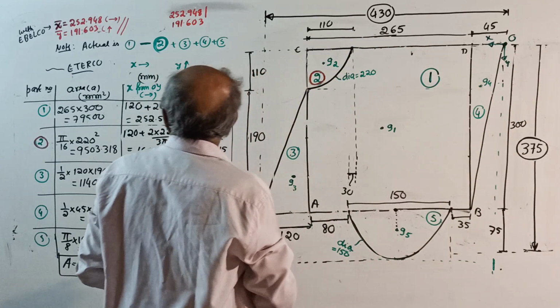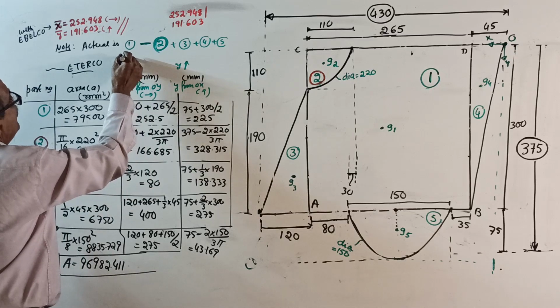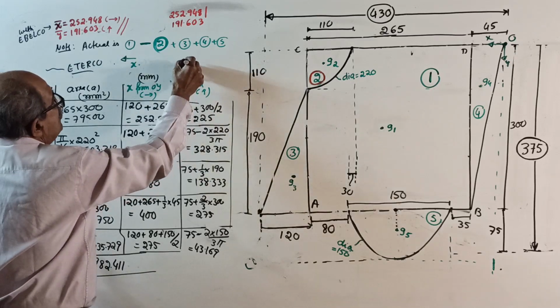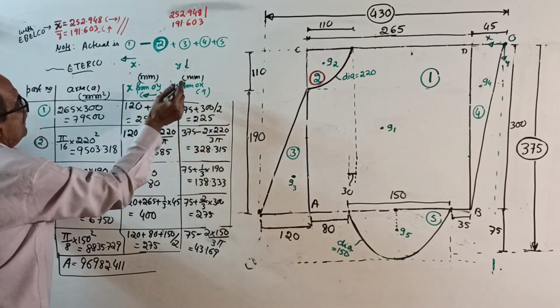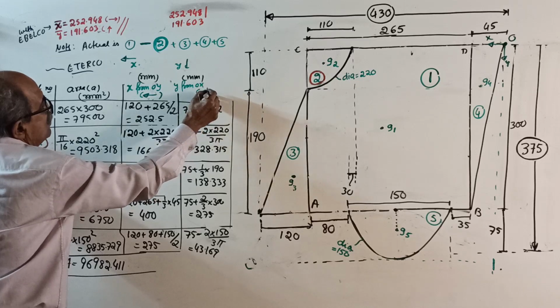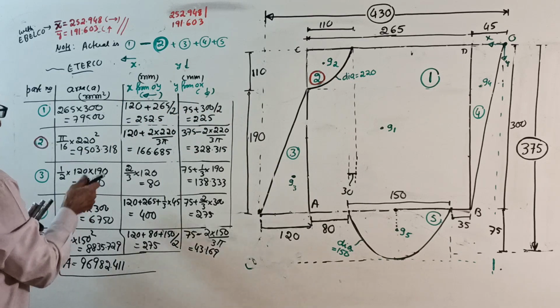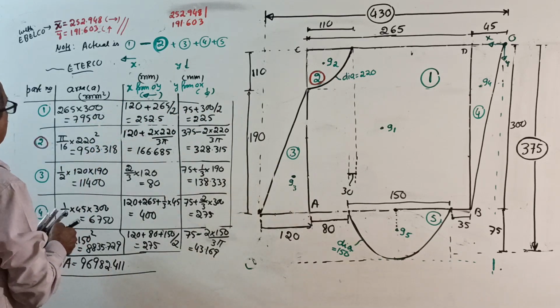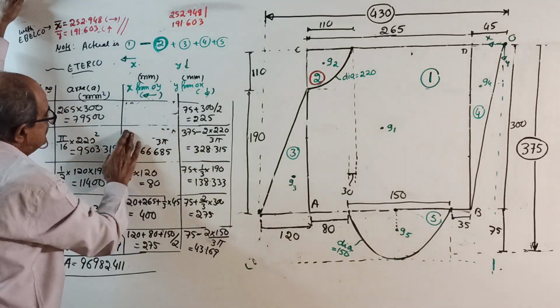Now your X will be to the left side and Y will be down. So X from OY will be to the left side, X from OX will be down. This will change. Okay, now start. Area will remain the same. These all will change.